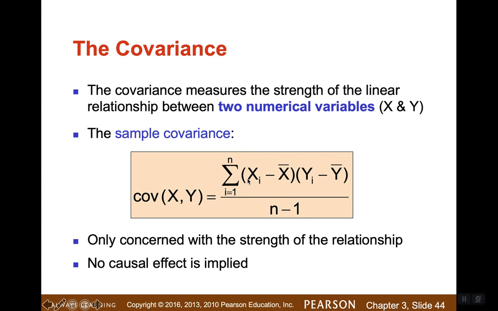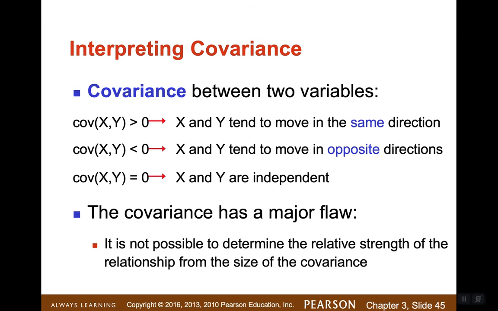I take each x value, subtract the mean, do the same for y, multiply the two together, sum them up, and divide by n minus 1. This gives us an estimation of the relationship between the two numbers. It doesn't tell us anything causal. We call that the covariance.